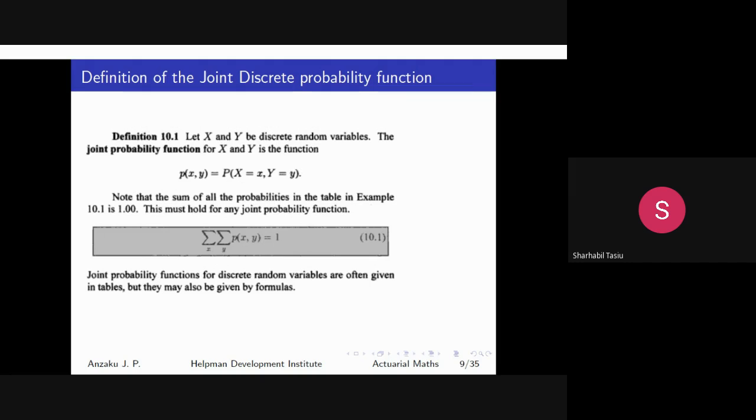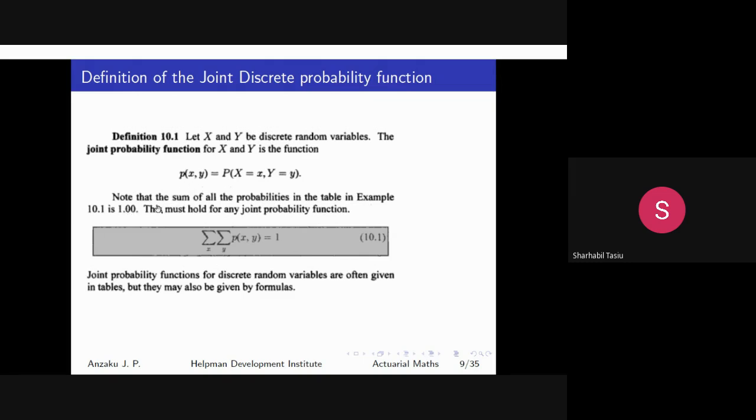The joint probability function for X and Y is the function given by p(x, y), which is the probability of X equals x and Y equals y. So this is the definition of the joint discrete probability function. I believe it's clear. Remember, for the joint we use summation.